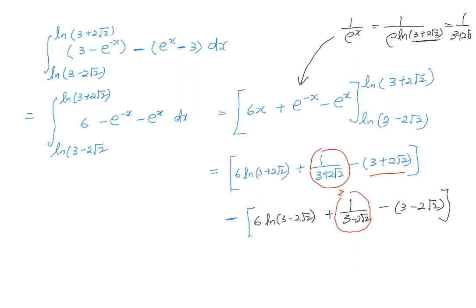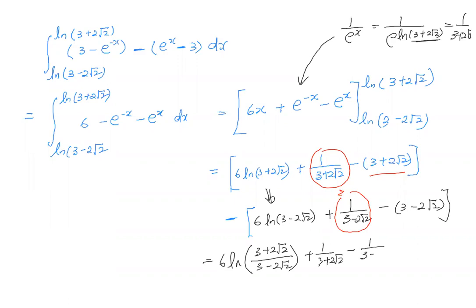So the answer will be 6 ln((3 + 2√2)/(3 - 2√2)) plus 1/(3 + 2√2) minus 1/(3 - 2√2). Actually, this can be simplified. Whoever wants to challenge yourself to simplify, you can do so.